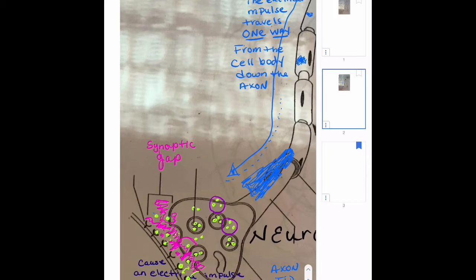Now, interesting stuff that you totally don't need to know: there ends up being a ton of them around here, all on the floor, between the neuron on this side and the other cell on the other side, whether that's a neuron, a muscle cell, or a gland. There's a whole bunch of mess in here because not all of it makes it to the receptor.